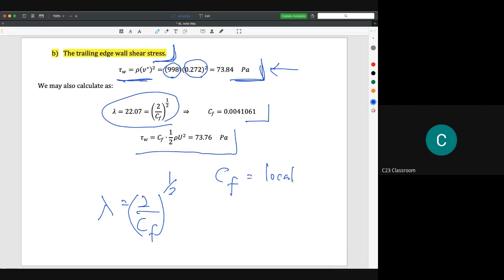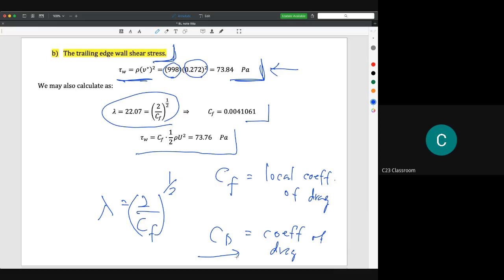Local coefficient of drag. And then sometimes we have a capital CD here. This is the coefficient of drag force. The coefficient of drag here, you could assume is the total coefficient of drag for the whole object.